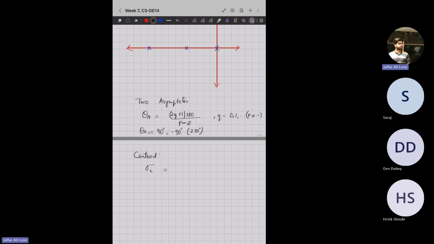We learned that in the last lecture, which is given by summation of real part of poles minus summation of real part of zeros divided by P minus Z. We have 3 poles, 0, -2, -13, minus the 1 zero at -5, P minus Z is 2, divided by 2, which will be minus 20 divided by 2... no, it's not minus 20.